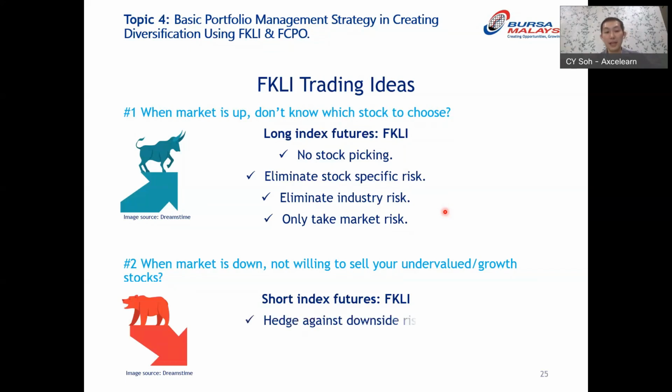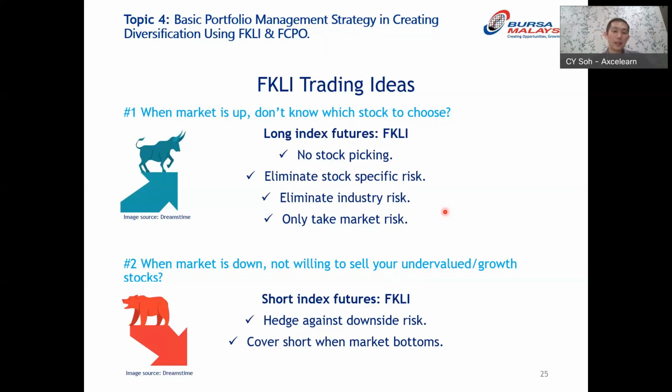You can hedge against the downside by having a short index futures. You can short FKLI futures to protect your portfolio. And when you think that the general stock market is already low, you can close off your short contract by covering the short when the market bottoms out. So you only take a short position when the market is down, while at the same time you can still hold on to your stocks.